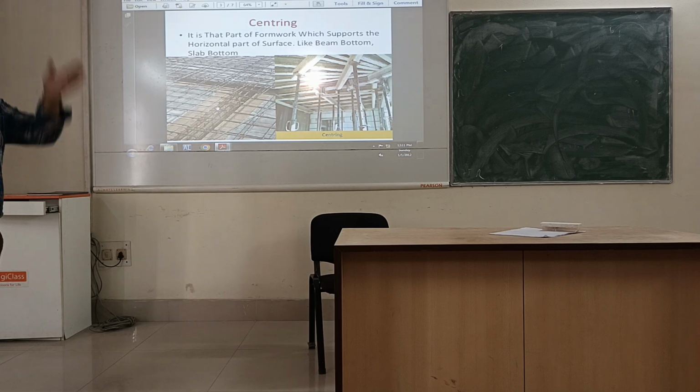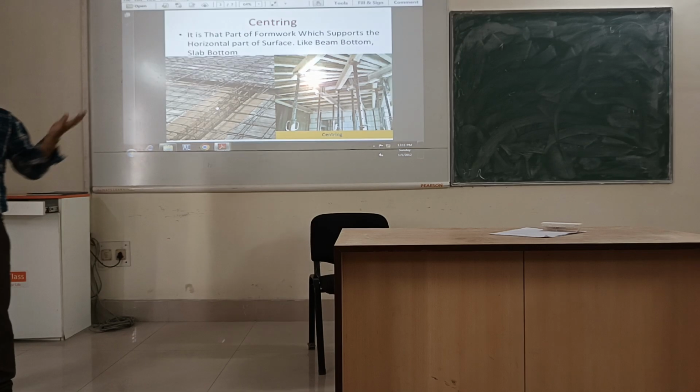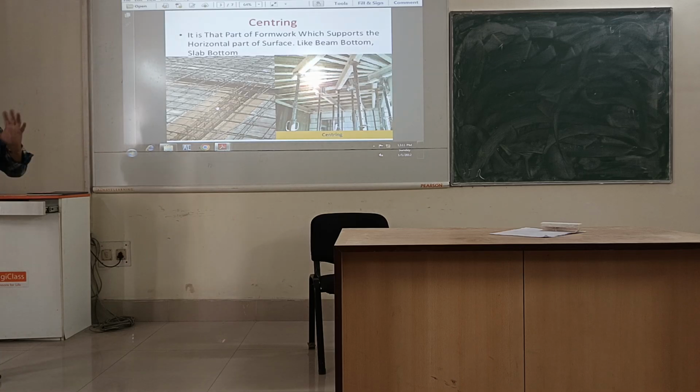In formwork we take the whole part, comprising the preparation of the mold and the horizontal part where you prepare the beam and the slab. This is contained in what is called your centering part. Understood? The basic difference between formwork and centering.